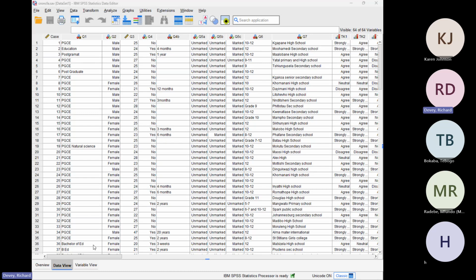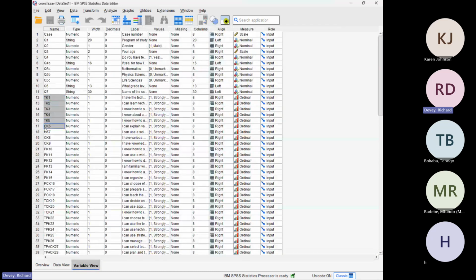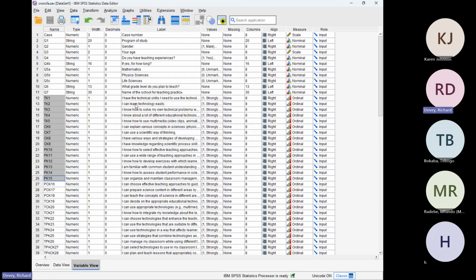In this data set, there's a model called TPACK. It's an education-based model where the idea is that a person can have technical knowledge, conceptual knowledge, and pedagogical knowledge.